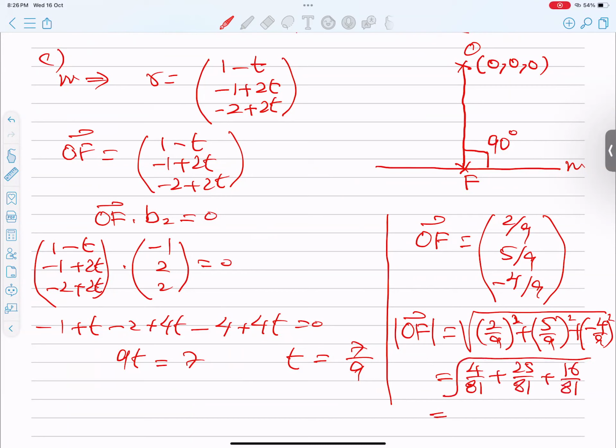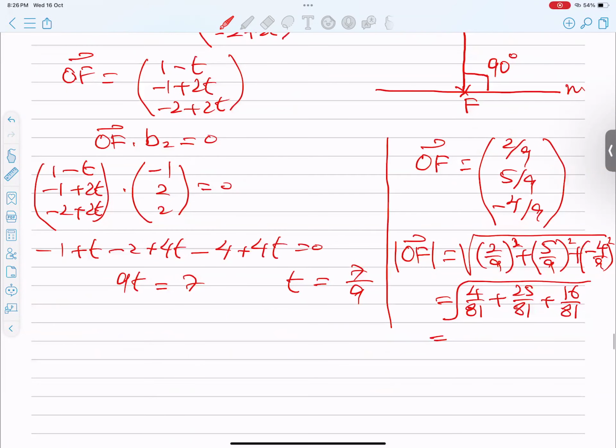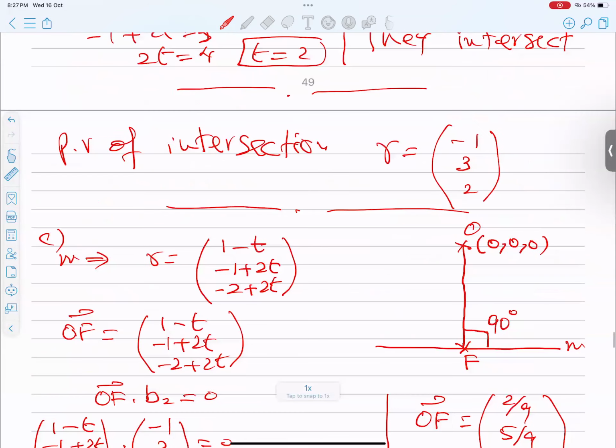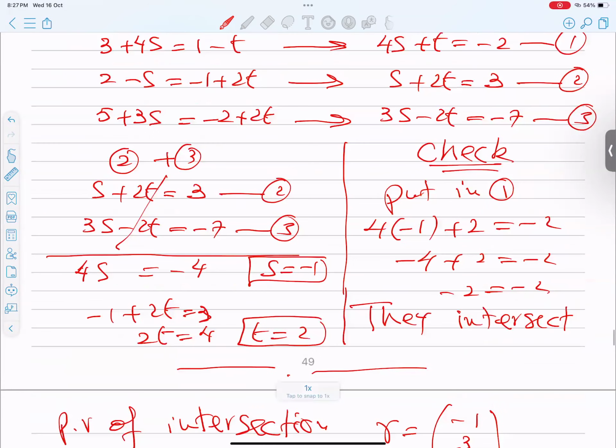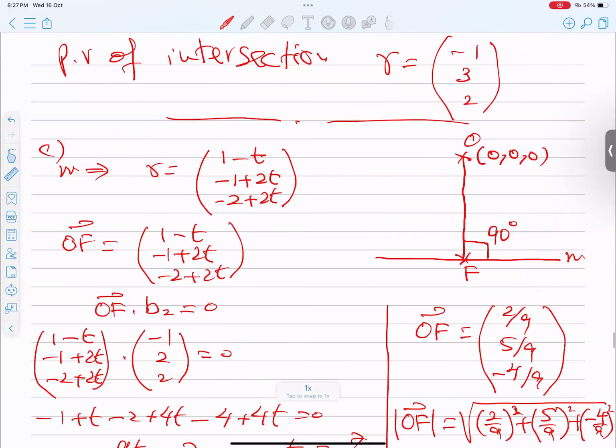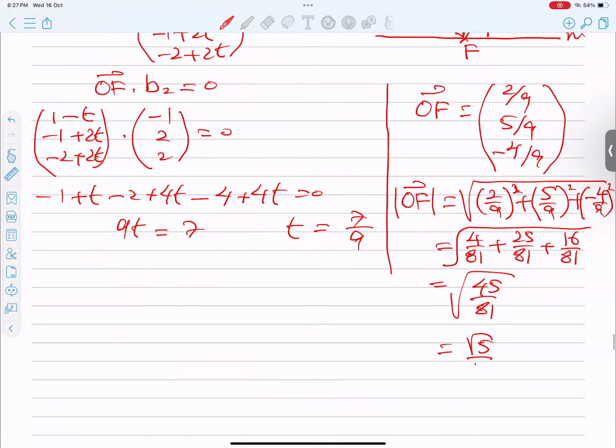Let me simplify. If I add 4 plus 25 plus 16, I get 45 over 81. If I take the root of the whole thing, what is the answer demanded? 5 over root 3. Correct answer, and we got the same here. So it is root 5 over 3, or you can write 1 over 3 root 5.